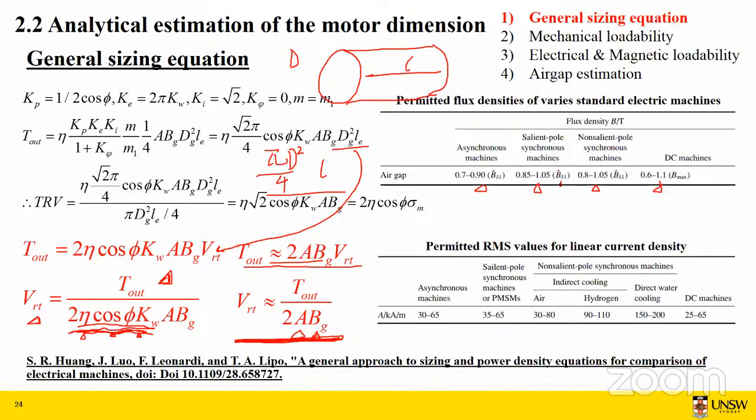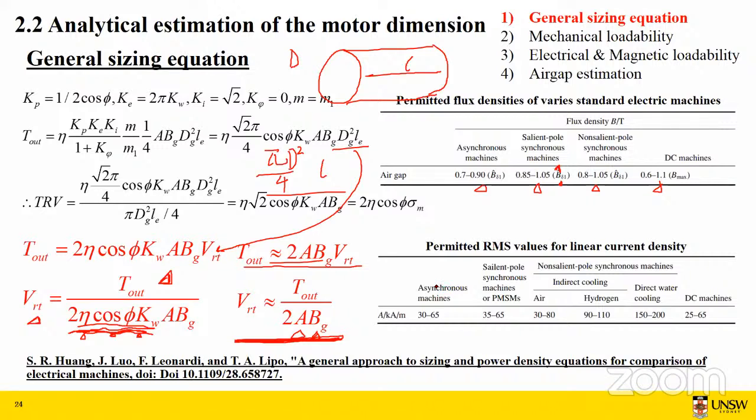But please note that this is a peak value. And also we have the typical linear current density for different types of motors with different cooling or different motor types.